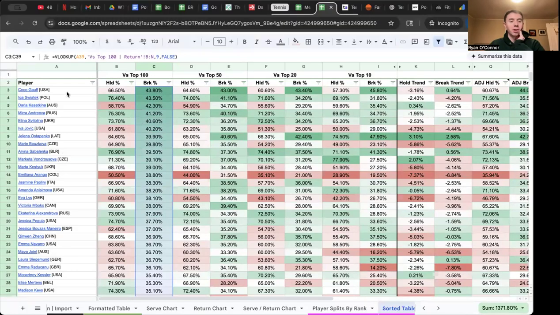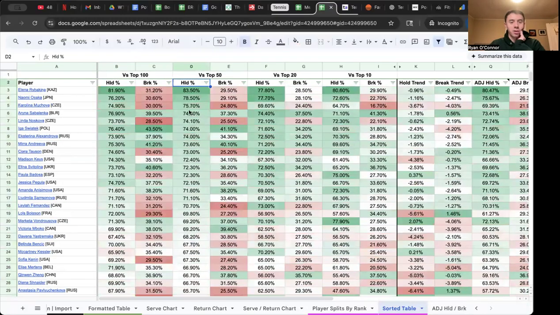For break percentage, you've got Coco, Iga, Kasatkina, Andreeva, Svitolina, Jovic. Some of these players aren't holding a lot, so at least they're breaking to offset it, and that's why they are ranked in the top 50. Same thing with Ostapenko, who's a very interesting one that we'll see throughout.